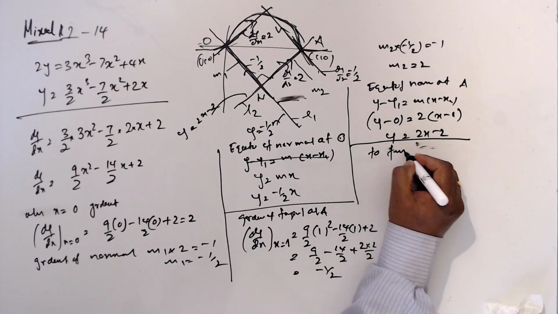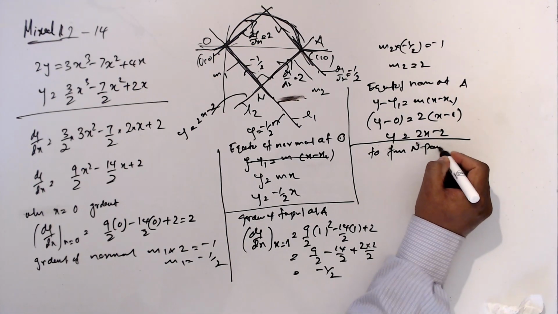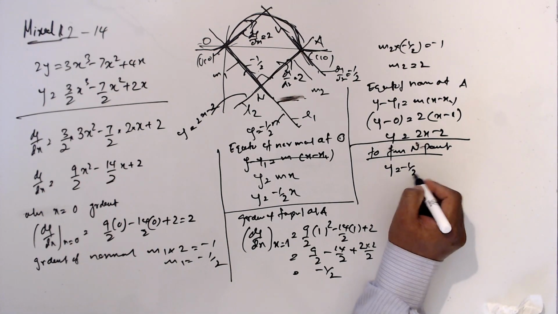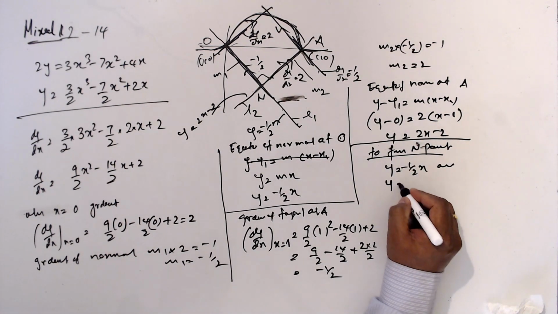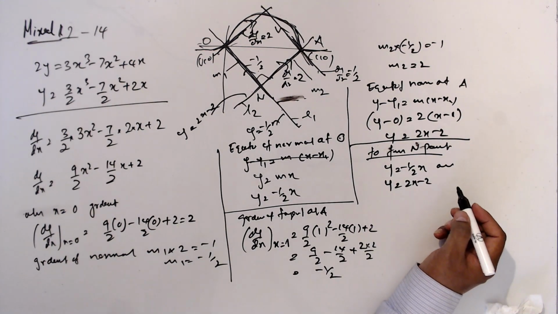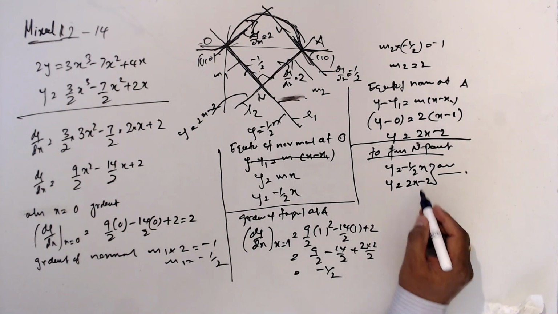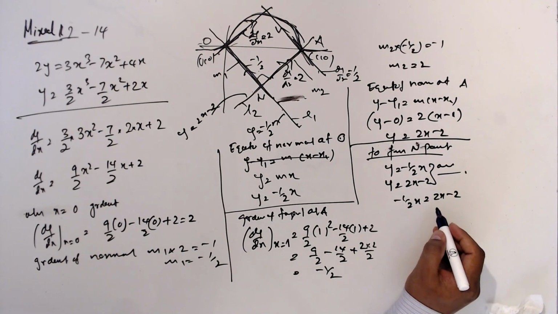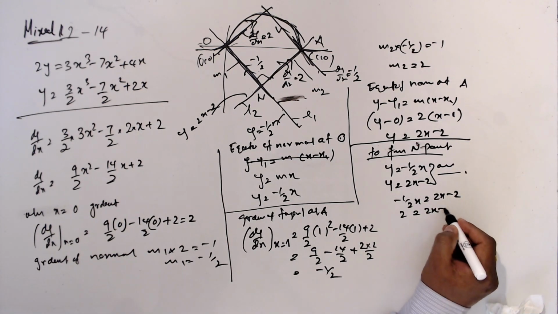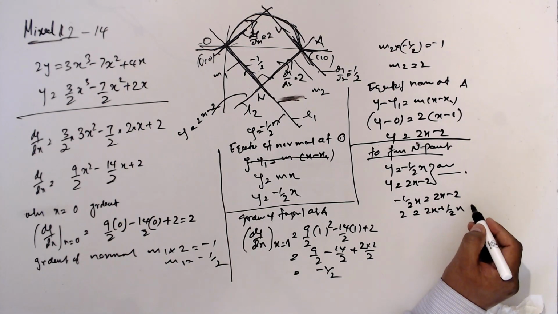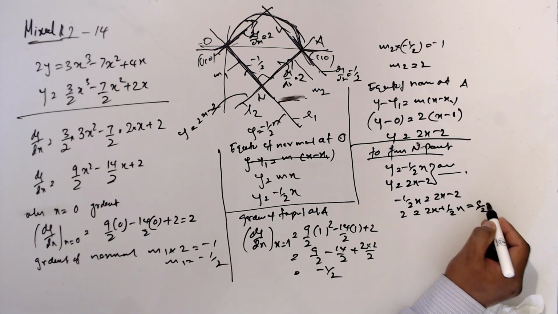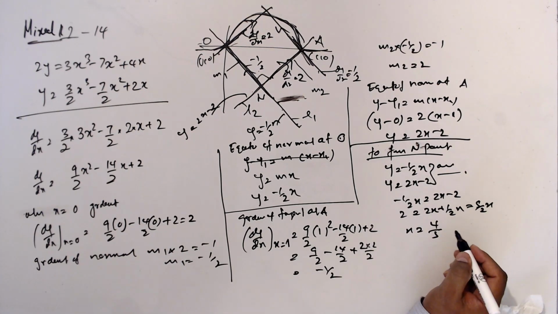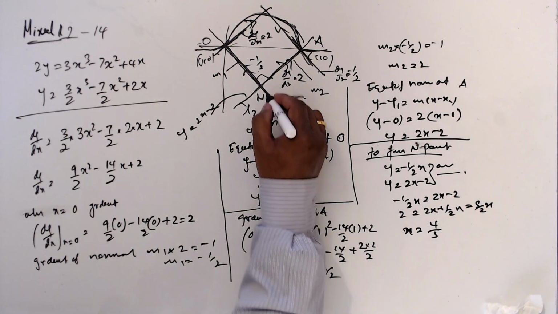To find the end point, we have to solve y equals minus half x and y equals 2x minus 2 simultaneously. Basically minus half x equals 2x minus 2. So 2 equals 2x plus half x. So this is 5 over 2 x. So x equals 2 times 2, 4, divided by 5. So the x value is 4 over 5.